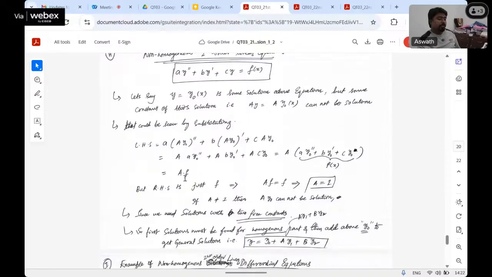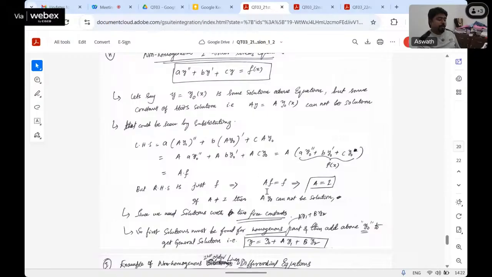So what you are getting is LHS is equal to a into f. But what is RHS? RHS is just f. So what it is saying is a into f is equal to f, which implies a is equal to 1.